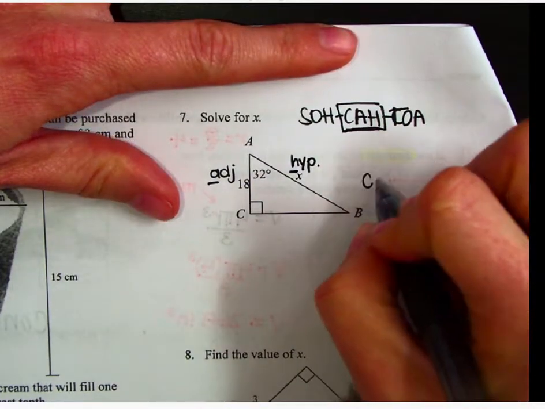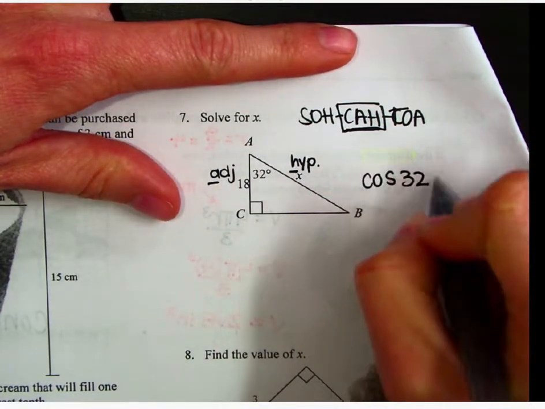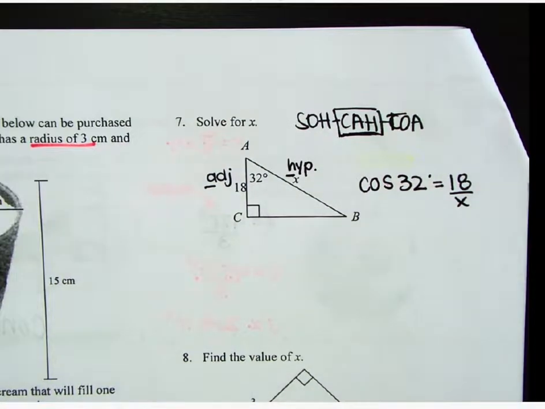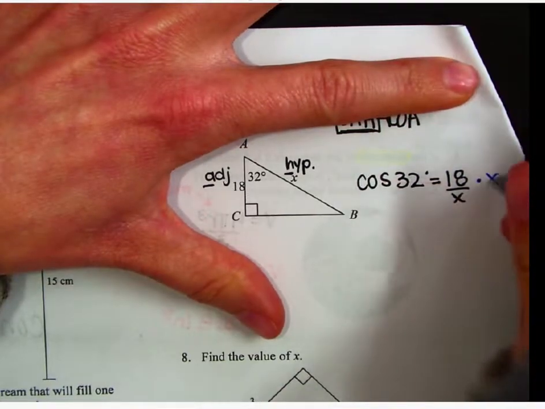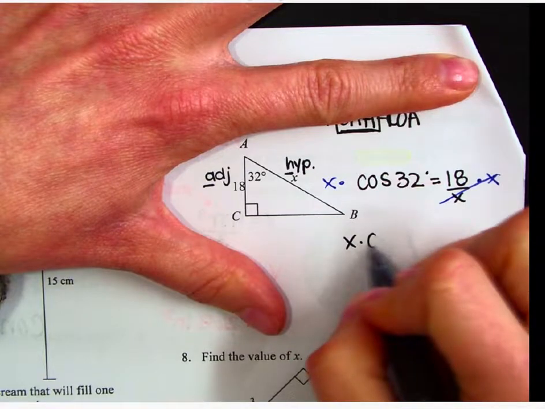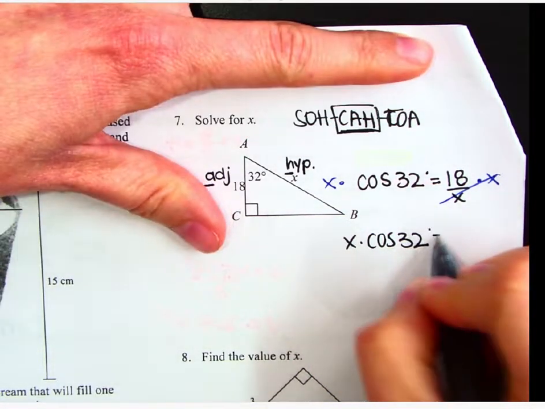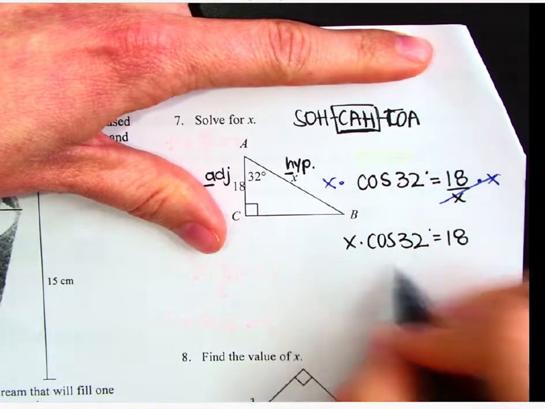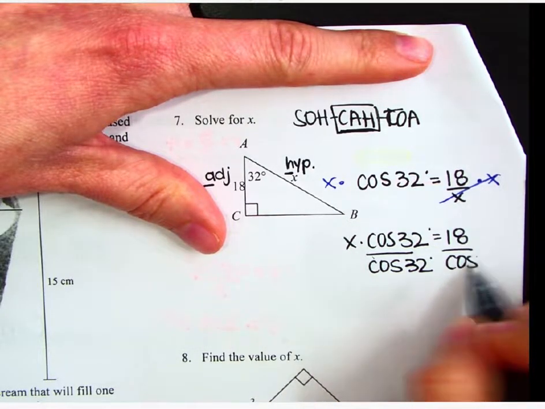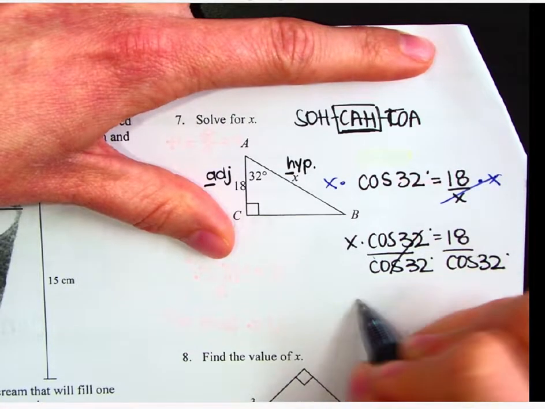So we write this as cosine 32 degrees equals adjacent over hypotenuse. Then I'm going to multiply both sides by x, and x times cosine 32 degrees is equal to 18, and our final step to isolate x is to divide cosine 32 to both sides of our equation.